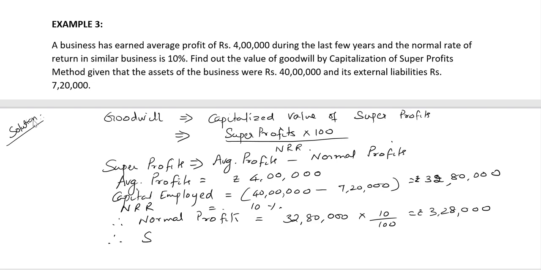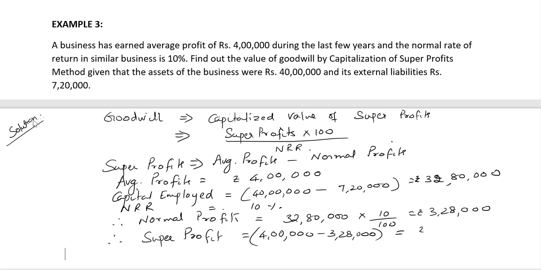Therefore, super profit is equal to, we found out that the average profits were 4 lakh, and we'll deduct the normal profits, which we ascertained as rupees 3,28,000.